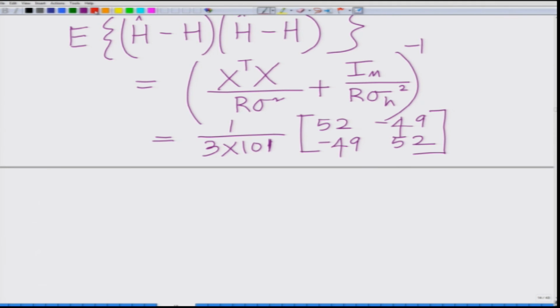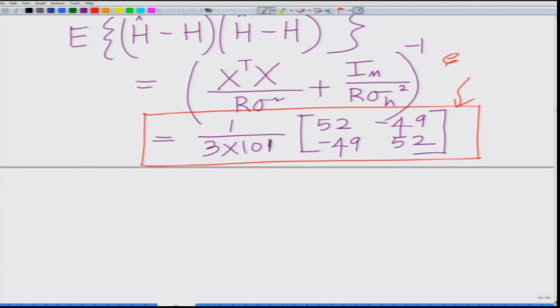All right, this is the error covariance. And also realize that this is an error covariance which is a 2 cross 2 matrix. We are looking at (H hat minus H)(H hat minus H) transpose.